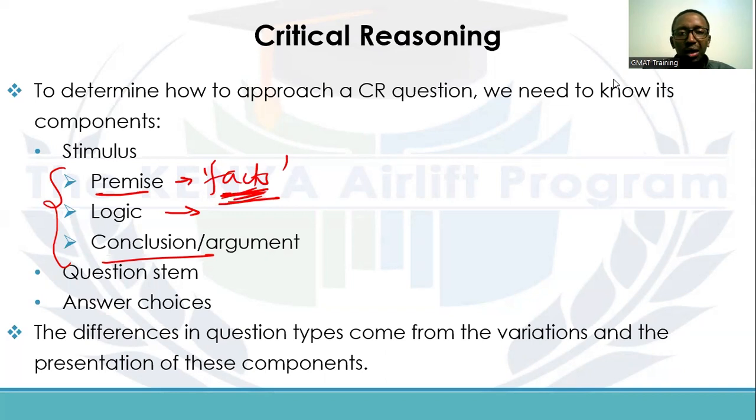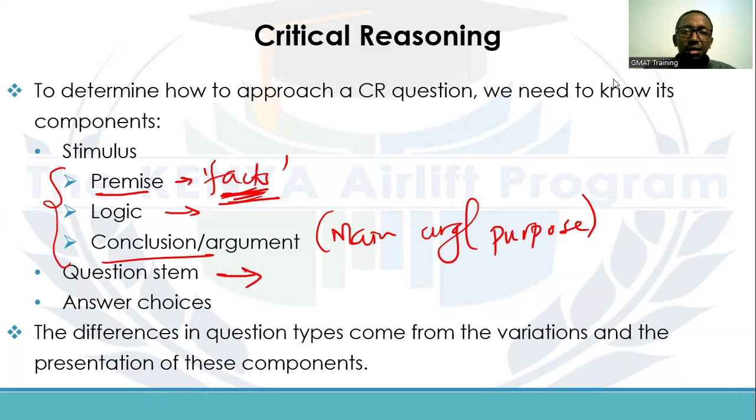And we're going to look at how easily we can convert from one question type to the other, making it obvious that once you know what the premise is, once you know the logic of how the author connected the premise and the conclusion, and the conclusion, which is the main argument or purpose of our stimulus, no matter how the question is phrased, you will easily be able to solve the question, even without thinking about what question type you're dealing with.